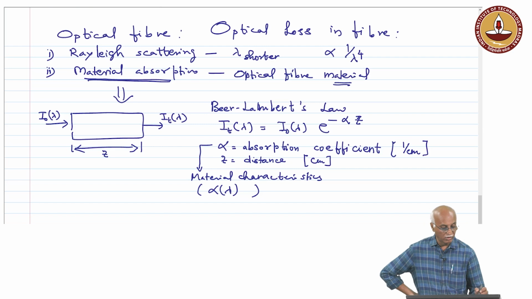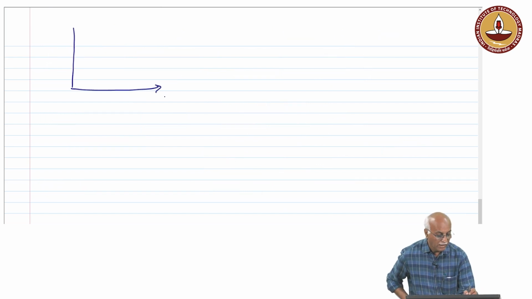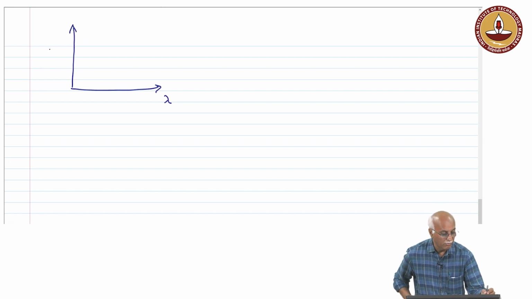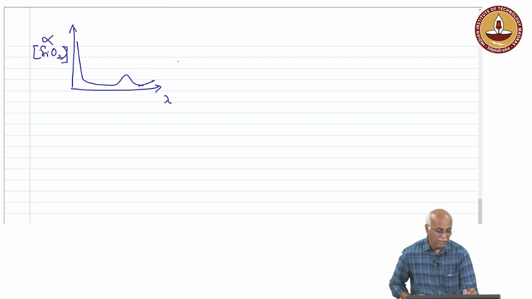So, in case of quartz material, just to give you an idea of how the alpha value depends on the wavelength lambda, for quartz SiO2 material it is something like this: at shorter wavelength absorption is large, then it decreases, and there are some other peaks, okay, and then it grows.